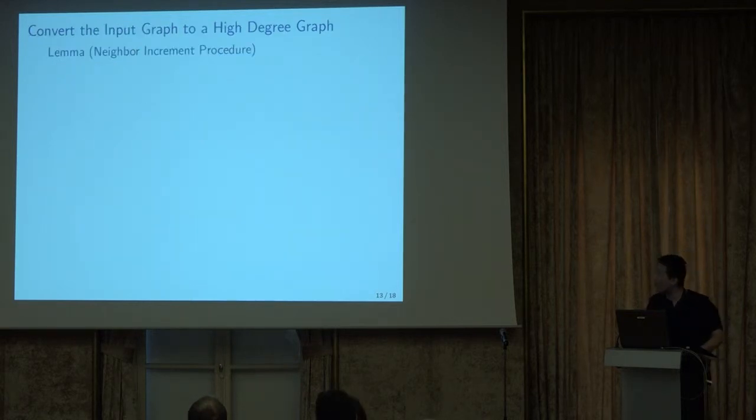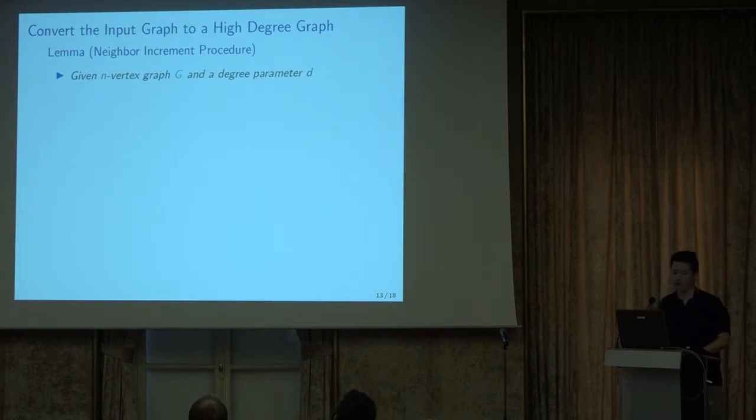So one of our main contributions is to design such a procedure. Given an n-vertex graph G and the degree parameter D, we have the following MPC procedure. It's called neighbor increment, and it takes the graph G and the parameter D as input.